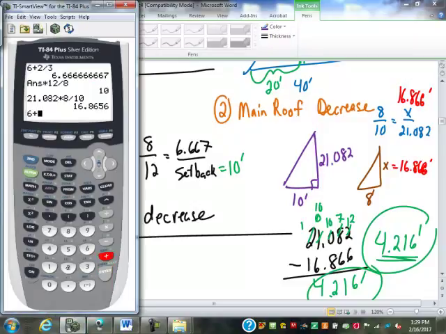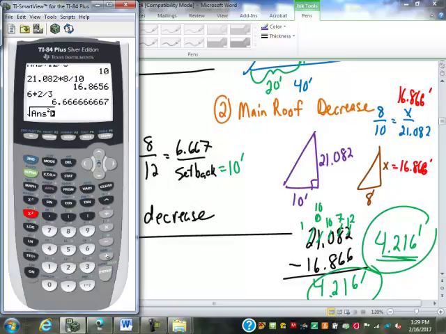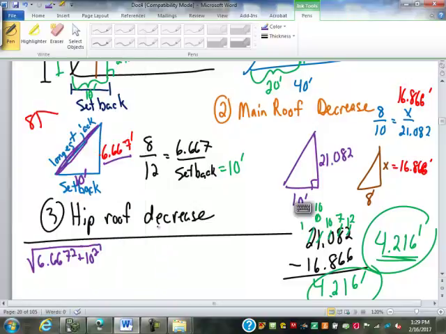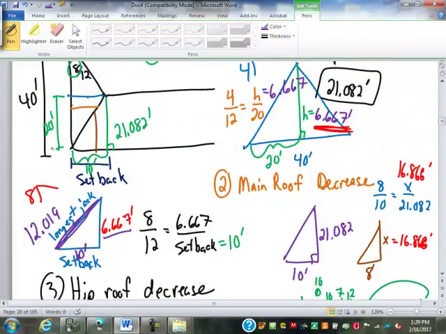So I'm going to get my 6 2/3 in here again. So square root of answer squared plus 10 squared, 12.019 feet. So that means this here is 12.019 feet long.